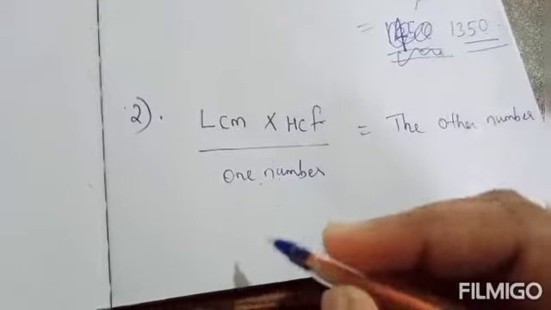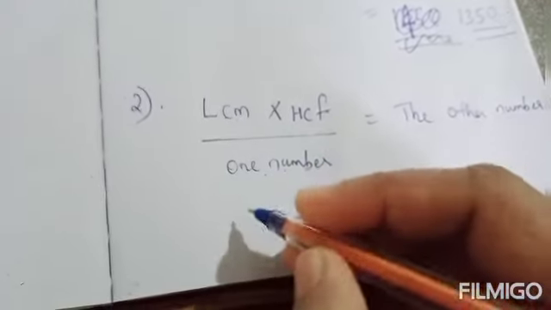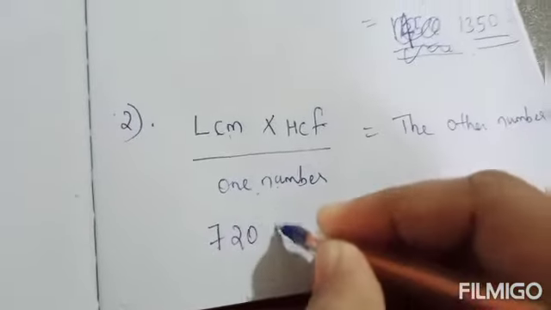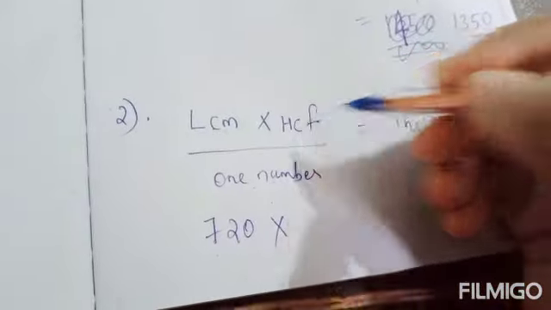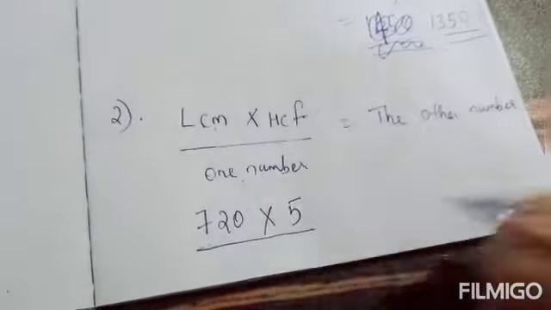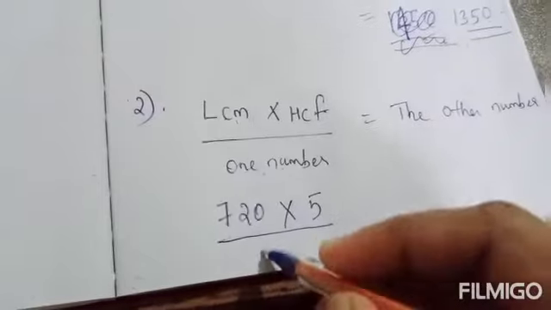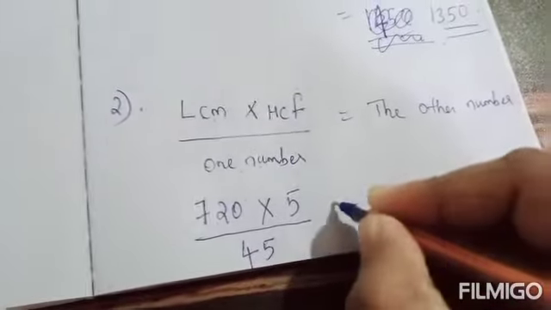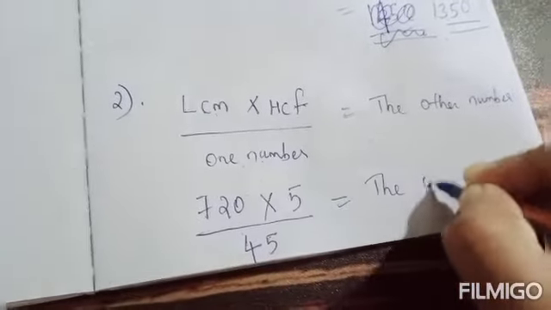So LCM is 720, into HCF, which is given as 5, divided by one number, given as 45. That is equal to the other number.